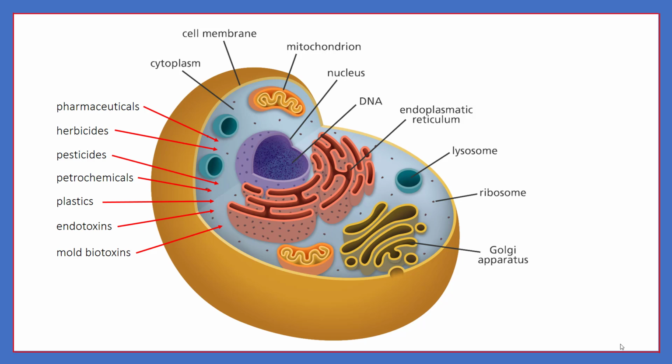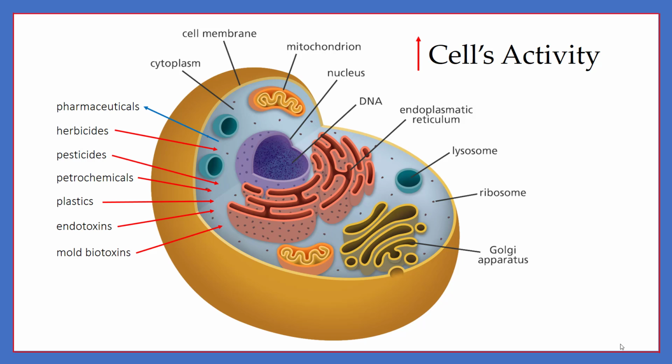So here we have the previous slide of all these pharmaceuticals and herbicides, etc., coming into the cell and leaving their residues, and the mitochondrial function declines. So when the mitochondria begin to produce more ATP and the cell starts functioning better, one function of the cell is to excrete toxins.